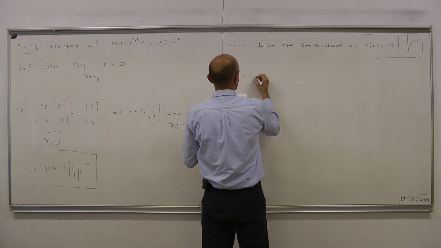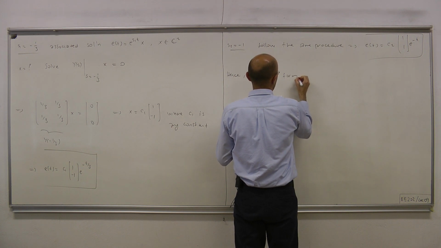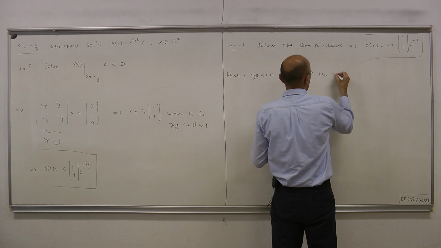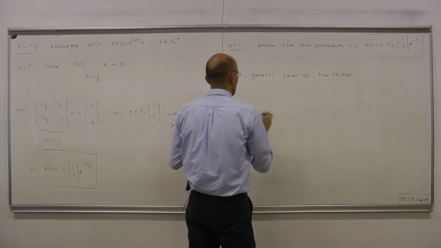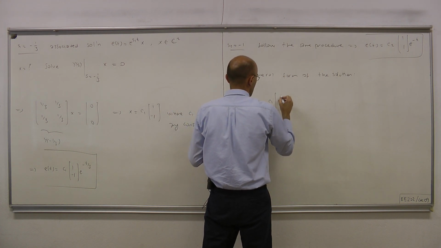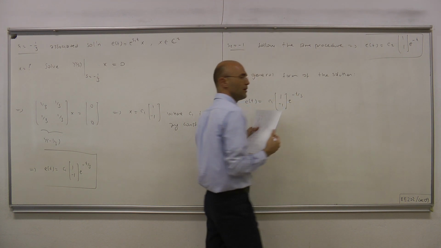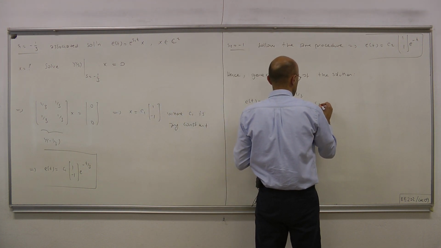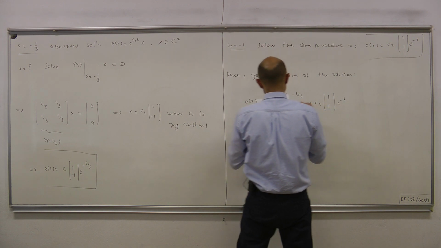Hence, the general form of the solution reads E of t equals C1 times the vector 1 minus 1 times e to the minus t over 3, plus the second piece, plus C2 times the vector 1 1 times e to the minus t.